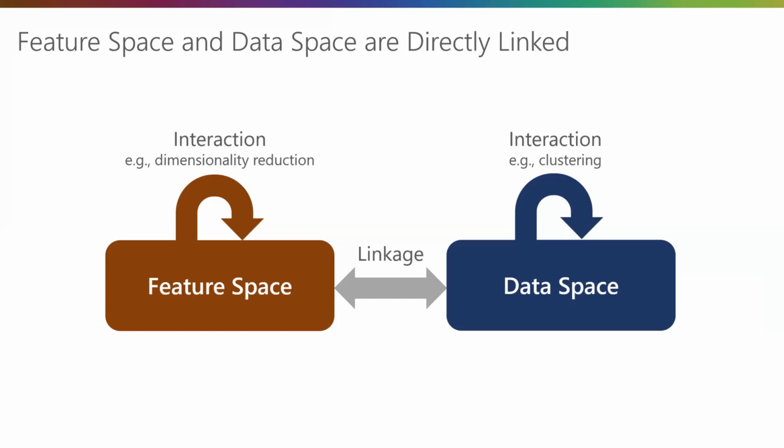And on the right-hand side, you have the data space where you can apply clustering algorithms, for example, to get groups of data items. And these interactions have a direct effect on the other visualization. For example, through feature selection, highlighting or determining features that are important and highlighting those and giving them more emphasis in the feature space visualization.